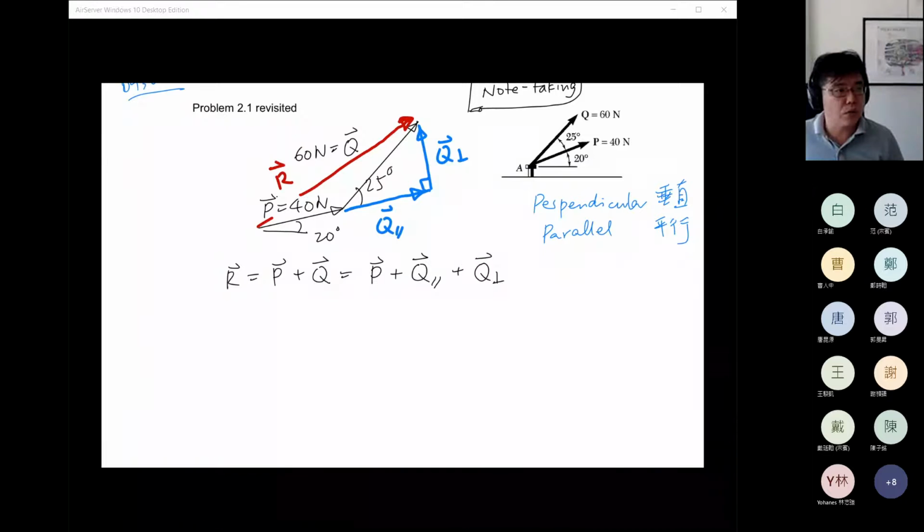I think you should be okay. So we want to do P plus Q, but we resolve Q into these two, Q parallel and Q perpendicular, and we will have these three.